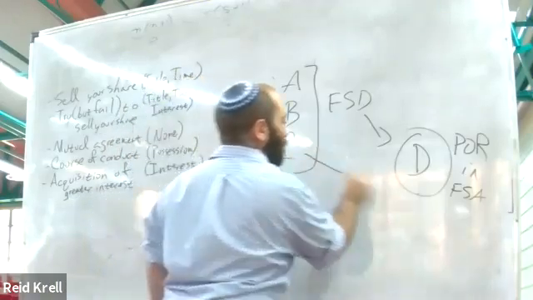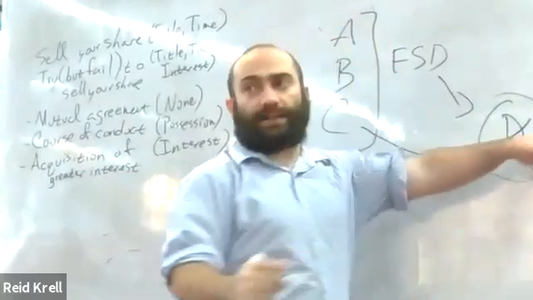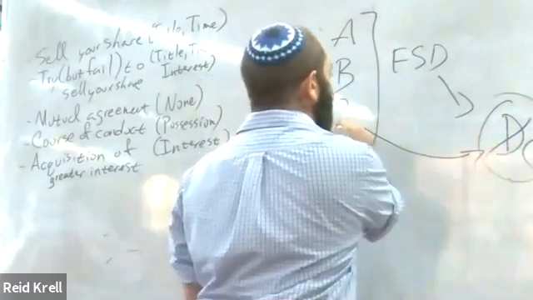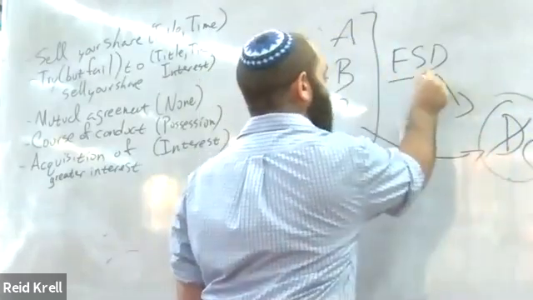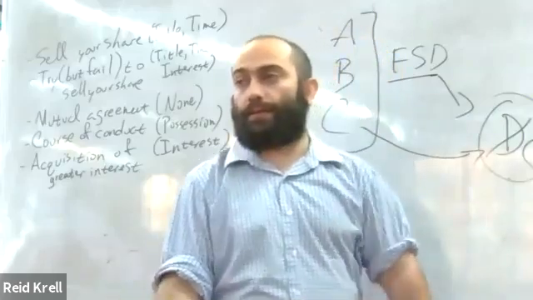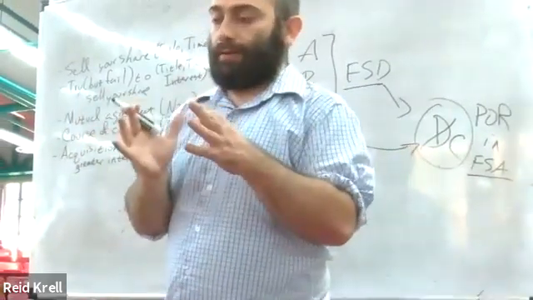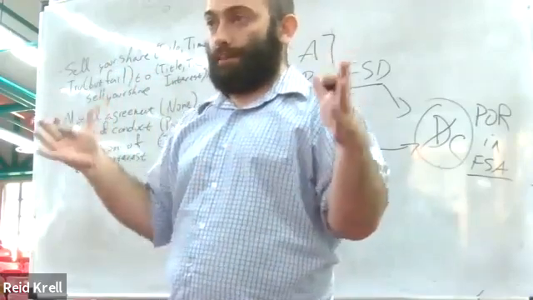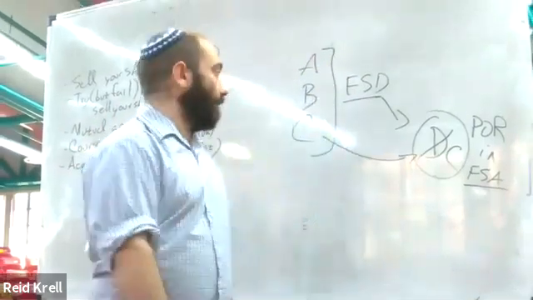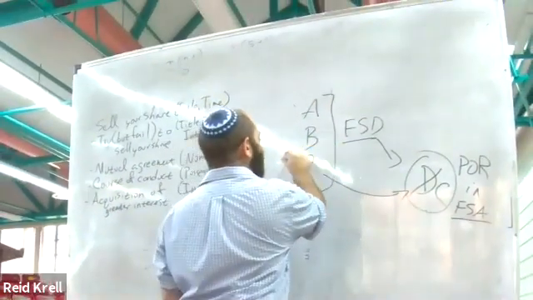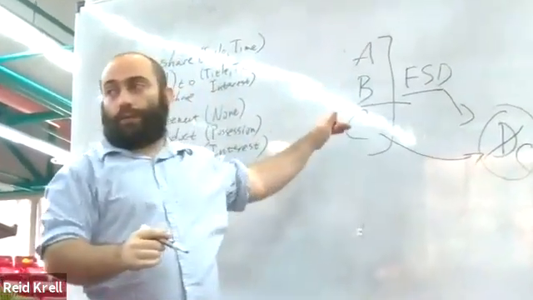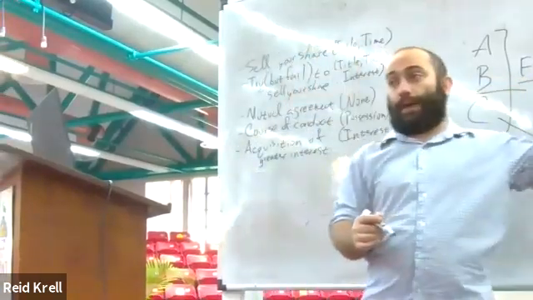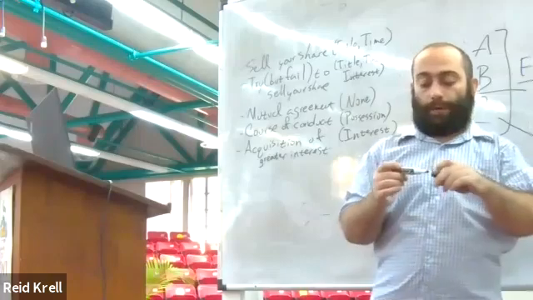C comes in and buys the possibility of reverter from D. C now owns the present interest and the future interest. The merger doctrine says that those can't be held by the same person. They become one thing. And so this breaks the unity of interest because now A and B have a fee simple determinable and C has a fee simple absolute.